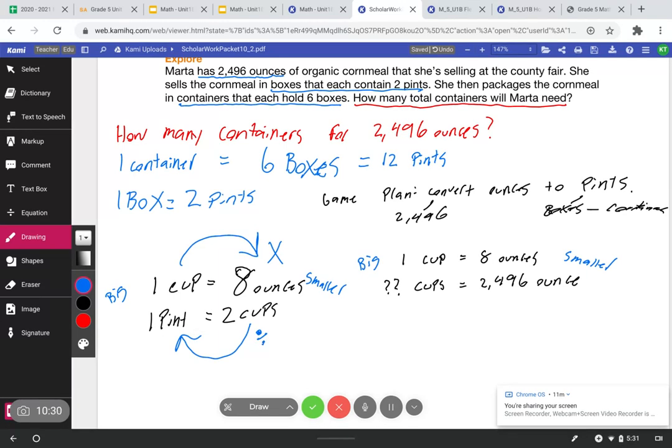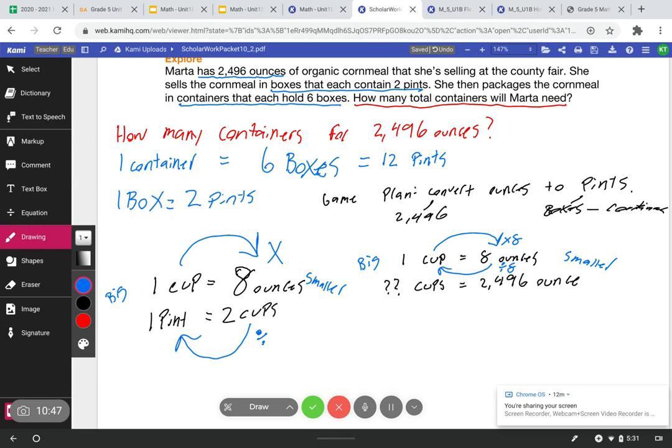I divide. Now let's look at the ratio. It's 1 cup to 8 ounces. So that means when I go from cups to ounces, I'm going to multiply by 8. And when I go from ounces to cups, I'm going to divide by 8.